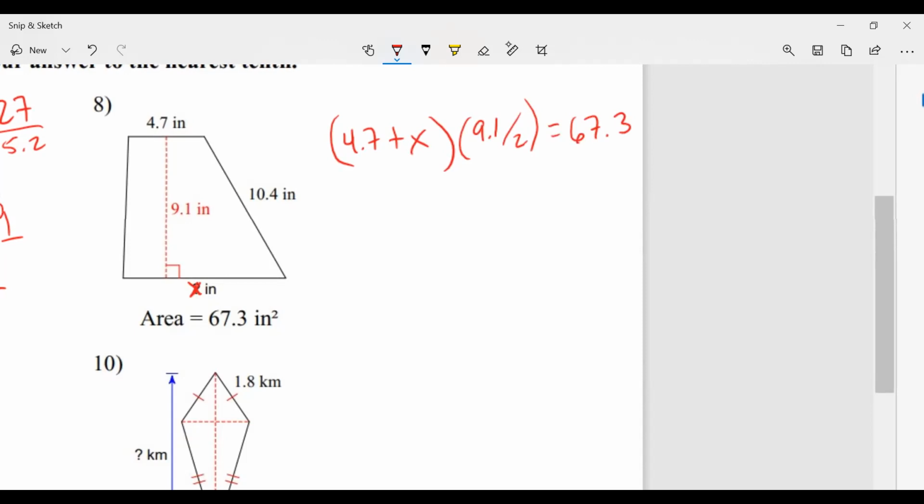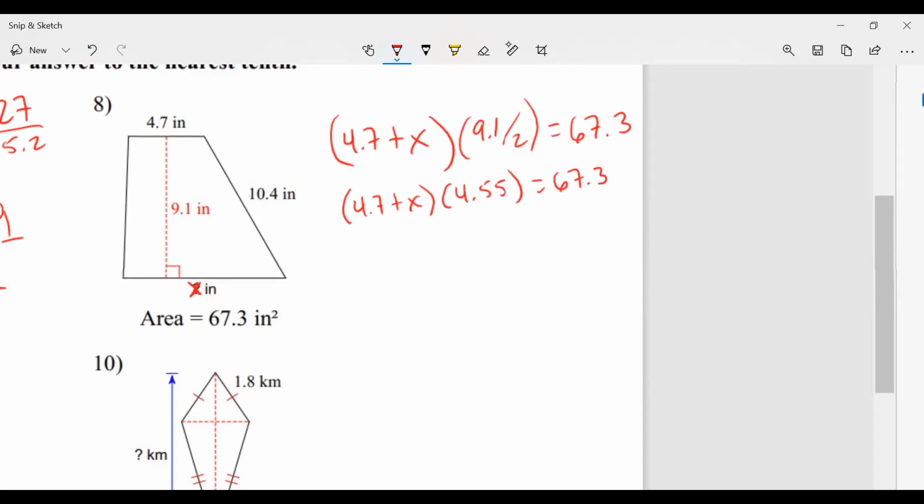Okay, so let me solve for x. The first parentheses, 4.7 plus x, nothing I can do. So let me just call this 4.7 plus x. The second parentheses, 9.1 divided by 2, let me just call that 4.55. And this is all equal to 67.3.